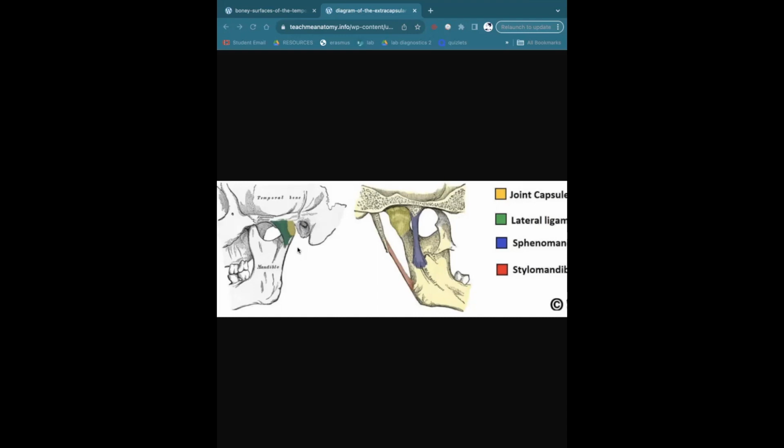Mm-hmm. That's the function. Second one, sphenomandibular ligament.